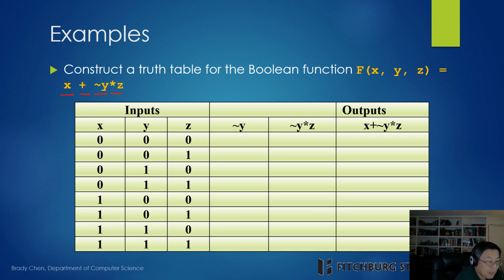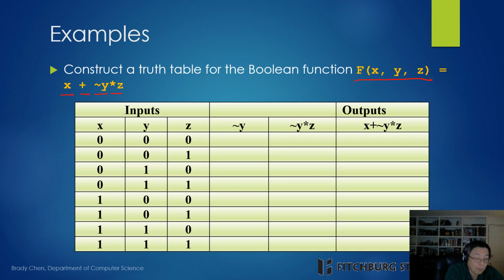So we define this as a Boolean function, f(x, y, z). There are three variables, x, y, and z, and each variable is going to take on only two values. X could be 0 or 1, y could be 0 or 1, z could be 0 or 1.